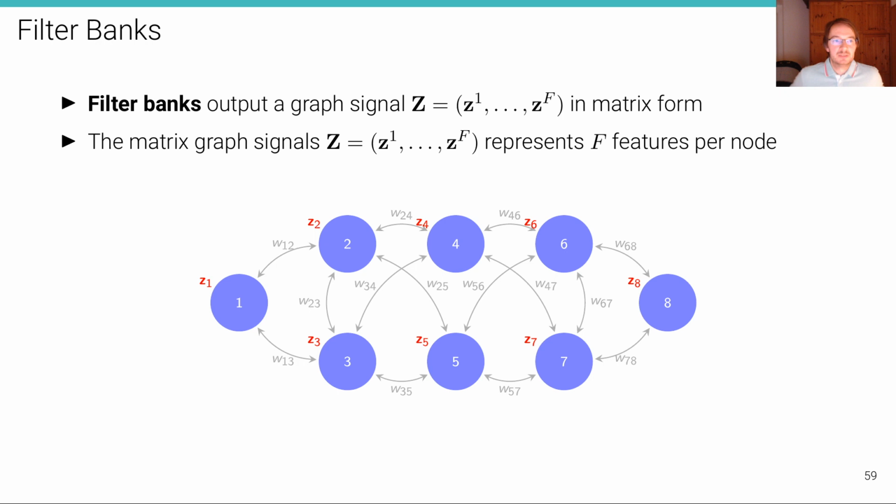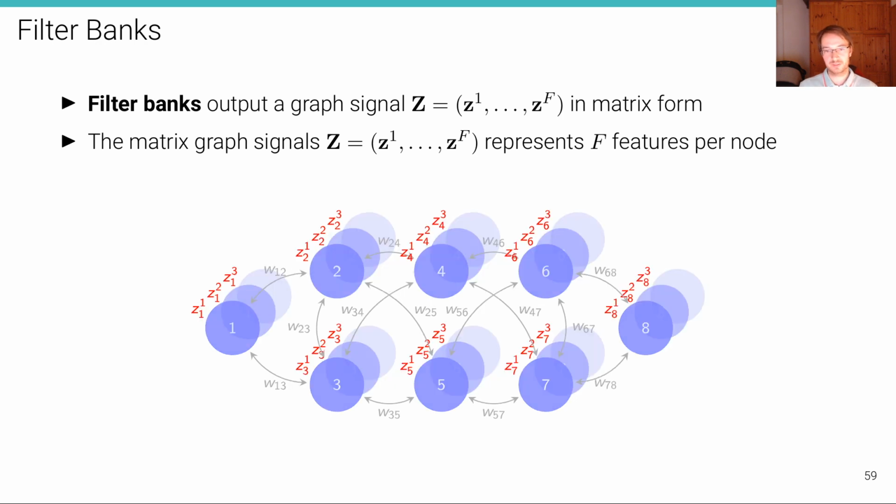So we first define filter banks. Filter banks output a graph signal in a matrix form. So here we have a graph signal. This is a scalar per node in the graph. And the filter bank outputs a feature vector per node.